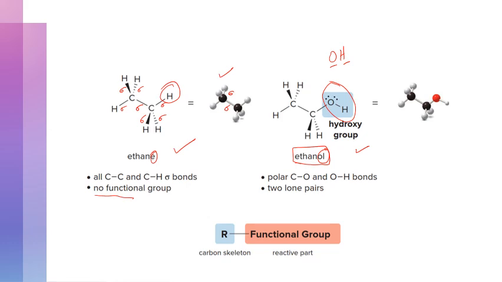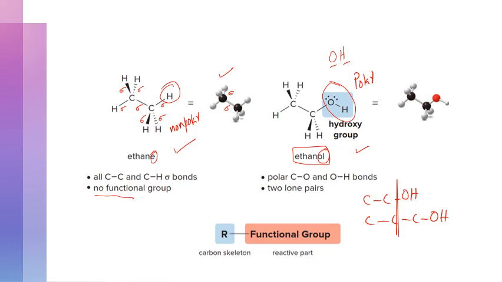Ethanol has a lone pair. Because of that lone pair and the structure, it is a polar compound, whereas ethane is a non-polar compound. Other molecules with the hydroxy group will have properties similar to ethanol. This is only 2 carbon atoms attached to 1 hydroxyl group, but if we have 3 or 4 or 5 carbon atoms or any other group with a hydroxyl group attached, all these compounds will have similar properties.